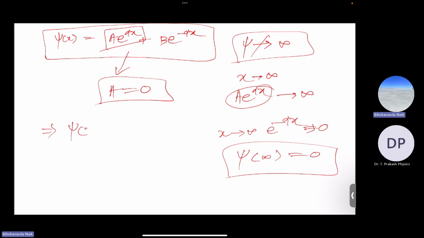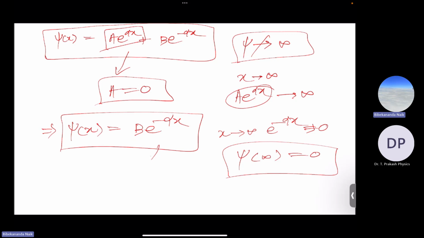The remaining part of the wave function is B e to the power minus alpha x. This is the actual wave function because this will not be infinite anywhere.